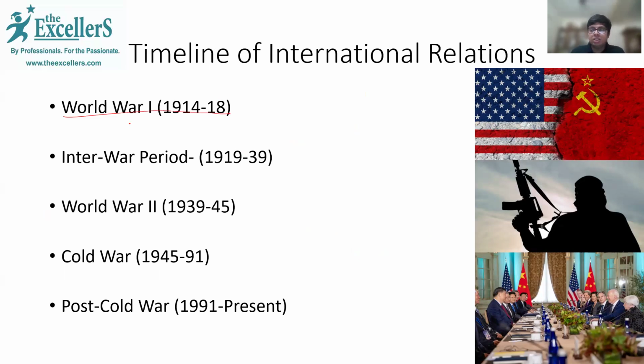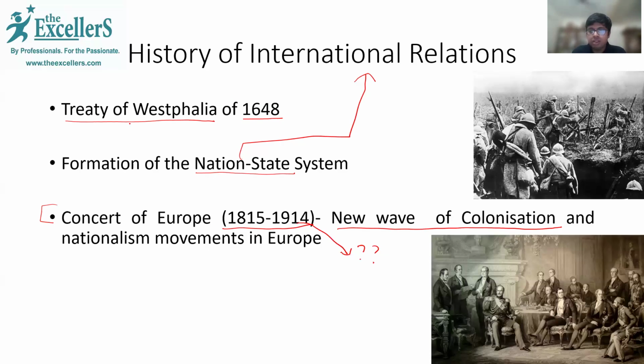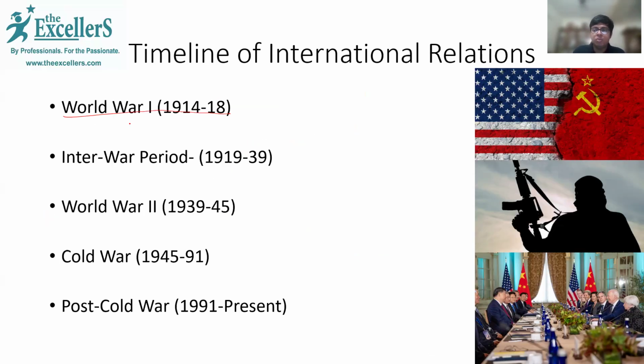Now let us go through a brief timeline of international relations. So we are already on the correct path. The timeline here starts with World War One, where countries were fighting with each other. And lastly, a form of peace came through the Treaty of Versailles.